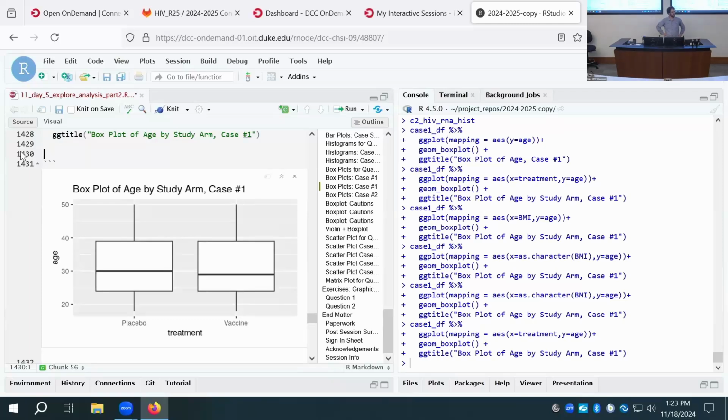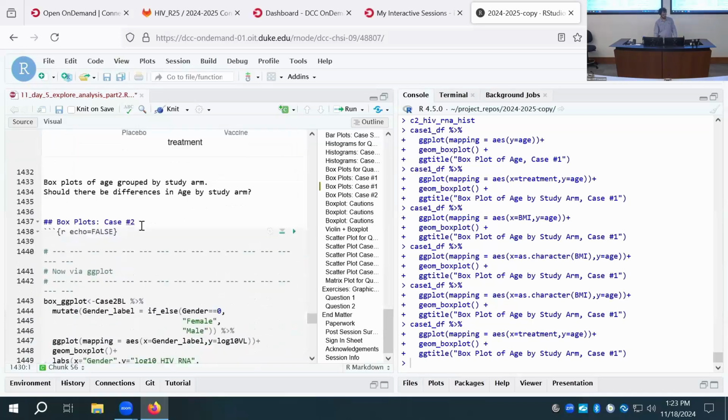No, right, because it's a randomized trial. So in general, that means that these baseline variables, prior to the vaccine or the treatment, shouldn't vary by treatment. Okay.